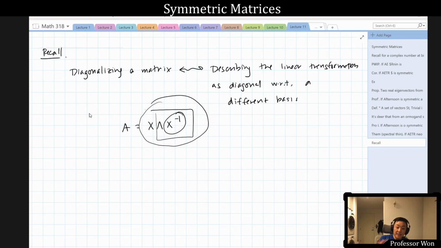Well, if A is symmetric, it means that you can write A as q lambda q transpose, where now this is real and this is orthonormal. So from this perspective, what are you doing? You're just changing basis now to a very special basis, a special eigenbasis. This is not just any old basis, it's an orthonormal basis. In other words, in some sense, it looks just like the standard basis, right?